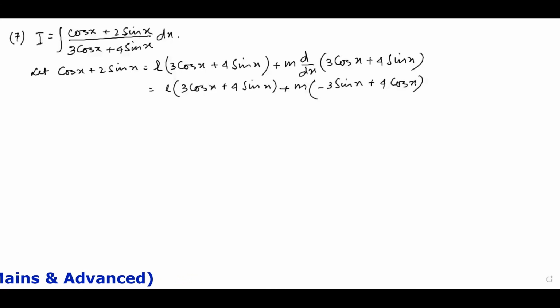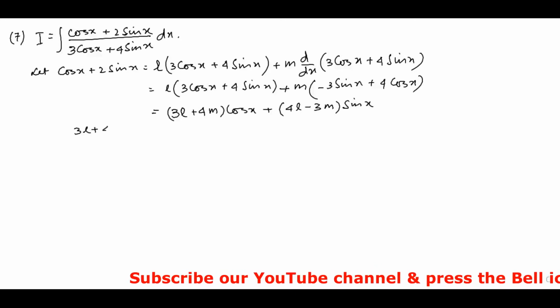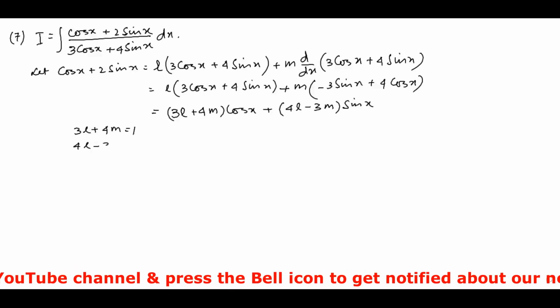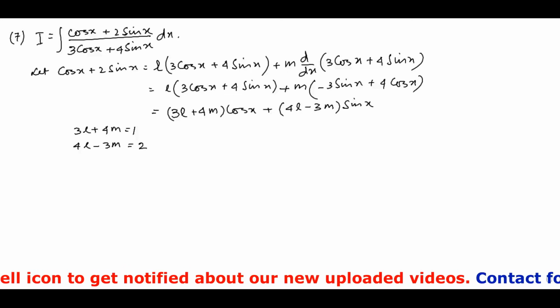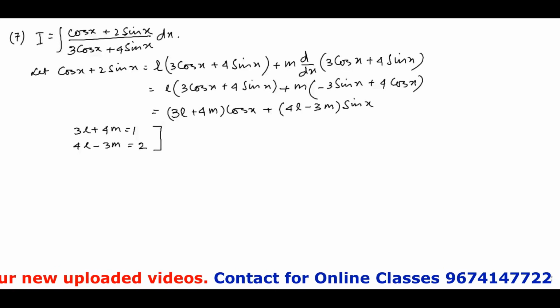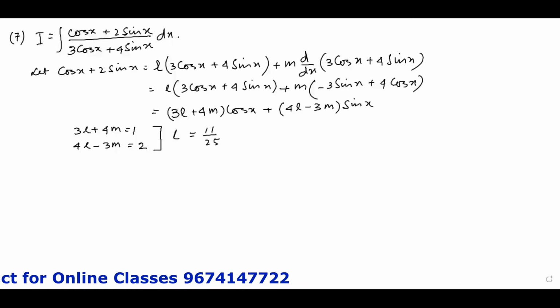Now if we open up the bracket, we are going to have. Is it clear? So if we compare, and now if we solve these two equations simultaneously, we get AL equals 11 by 25 and AM equals minus 2 by 25.